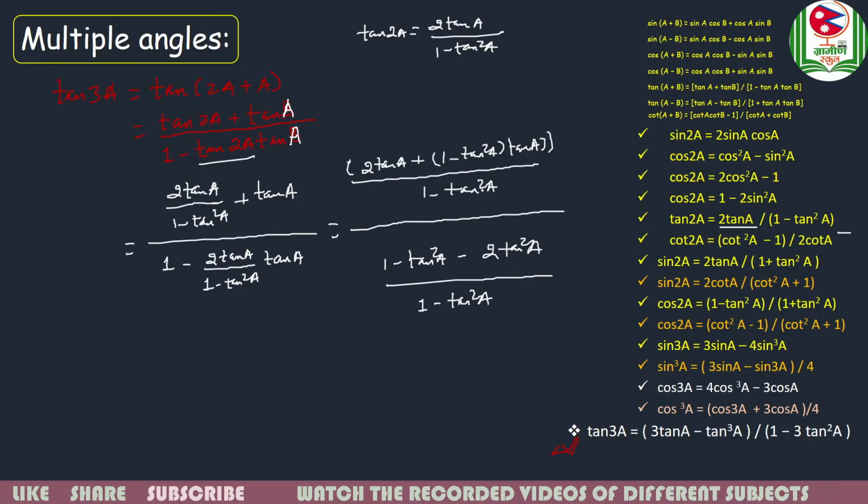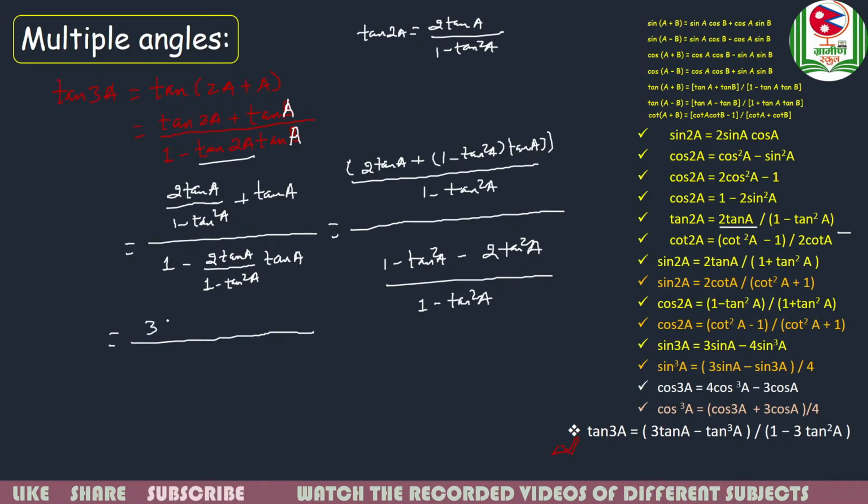And now we will cancel out both denominators, so the result is going to be 2 tan a and here tan a, that is 3 tan a minus tan cube a.